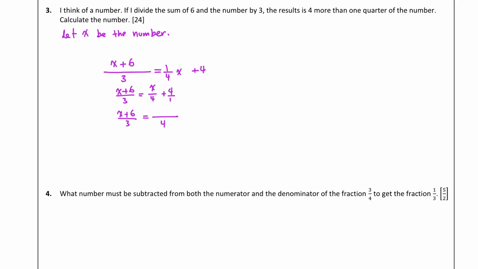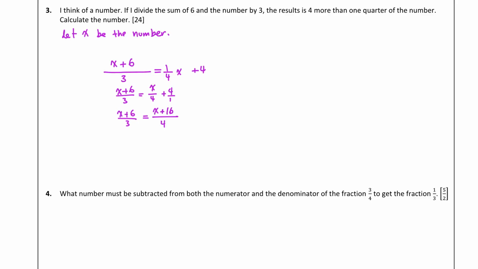So 4 needs to be multiplied by 1 to get 4, so x times 1 will give me x, and 1 needs to be multiplied by 4 to give me 4, so 4 times 4 will give me plus 16.